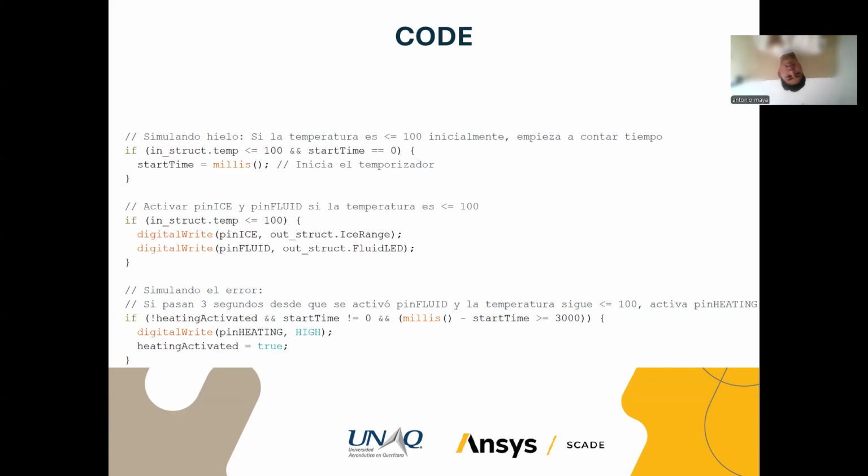So I need to take this moment and start counting 3 seconds. If 3 seconds happen between this moment and another measurement, and in this interval of 3 seconds the temperature continues being less than 100, then we need to activate the second subsystem.